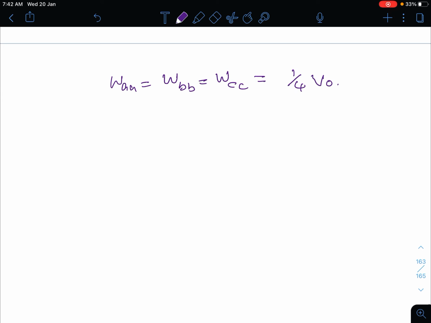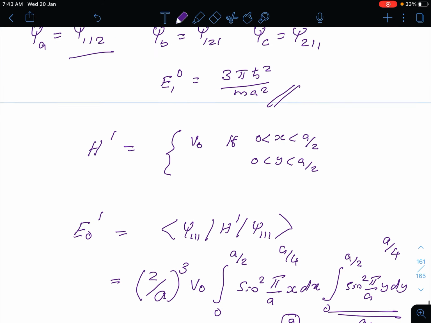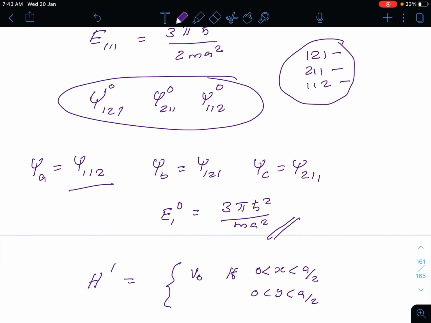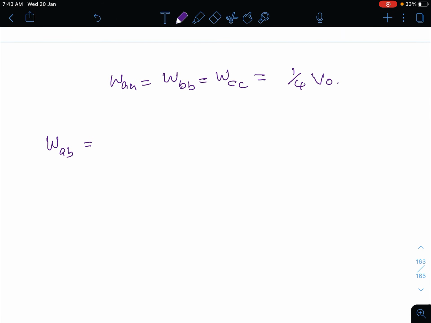Okay, now let's consider the off diagonal elements. These are somewhat a little bit interesting. So WAB. A and B and C are always confusing. So A is 1 1 2 and B is 1 2 1. Always remember that.